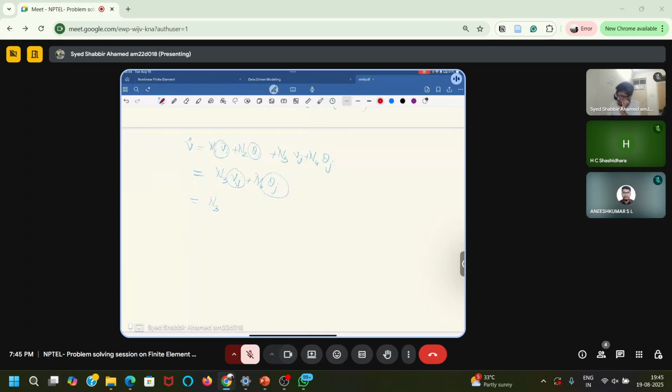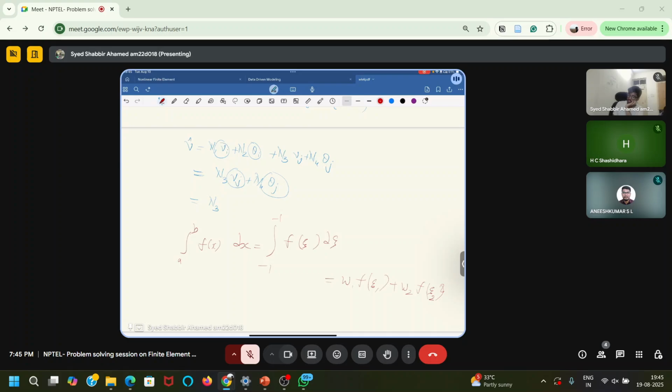In the Gauss quadrature method, if you have the integral from a to b of f(x) dx, then you convert it into an integral over the natural coordinate, and write it as w1 f(eta1) plus w2 f(eta2).